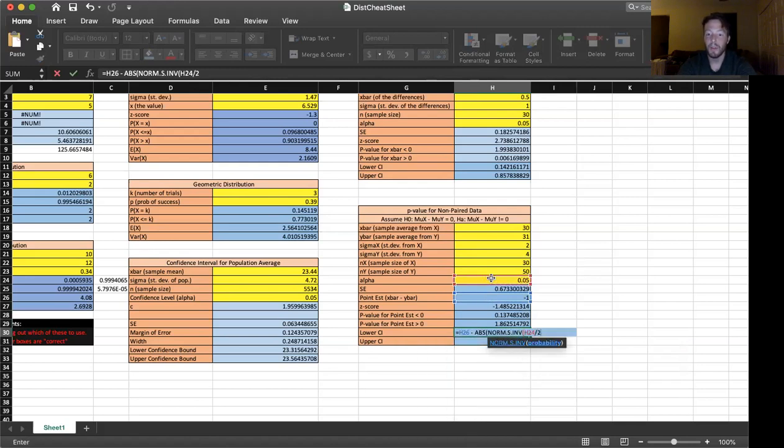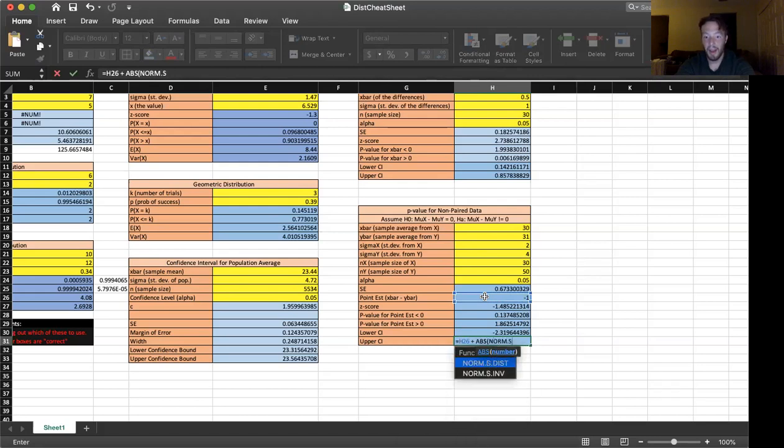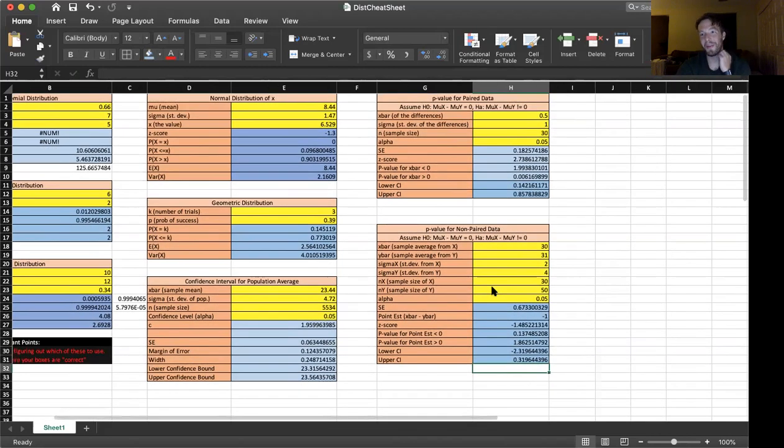So the absolute value of the alpha over 2 quantile times the standard error. And then we do the same thing except adding for the upper confidence bound. So I'm going to do the point estimate, add the absolute value of the alpha over 2 quantile times the standard error. Okay, so these should be correct. I hope I didn't make another mistake.